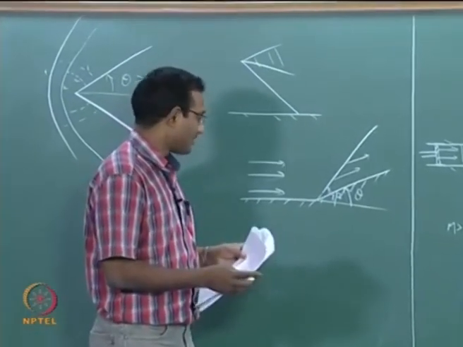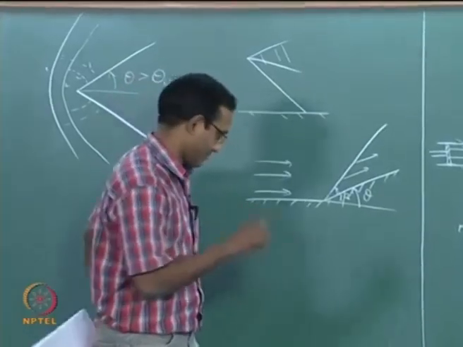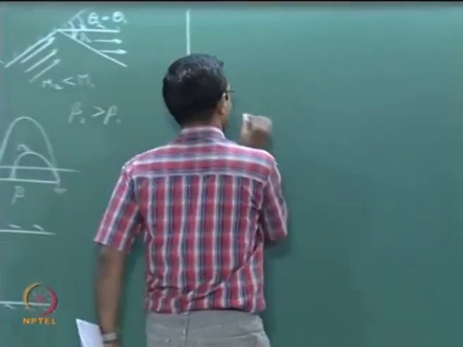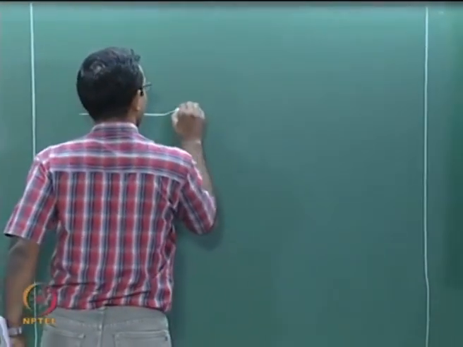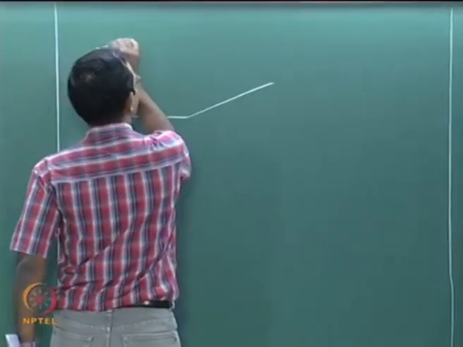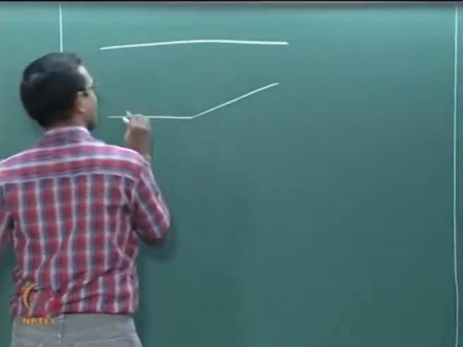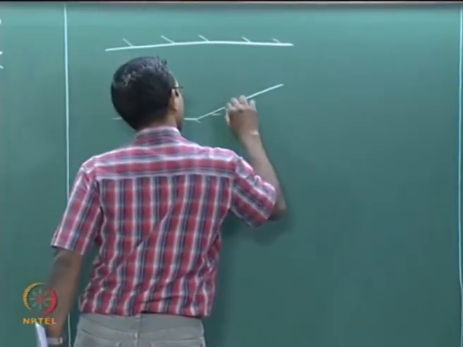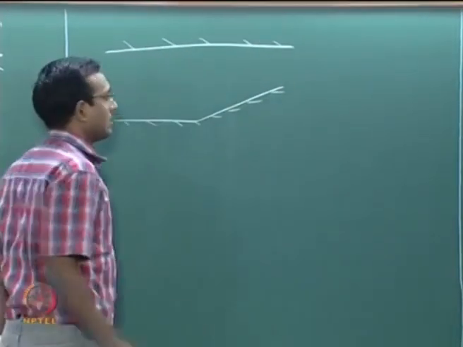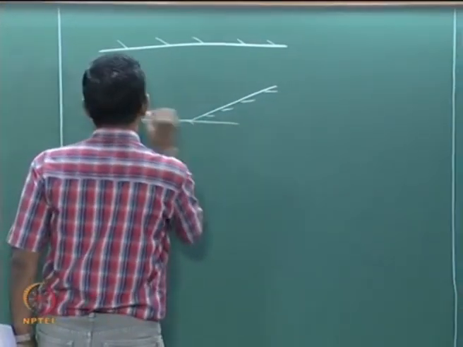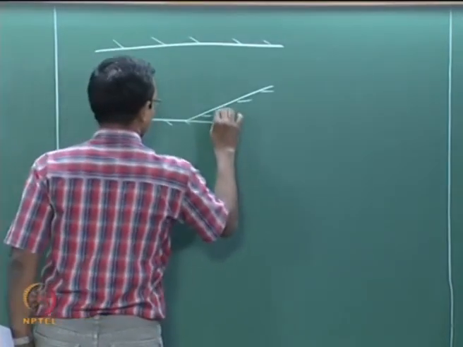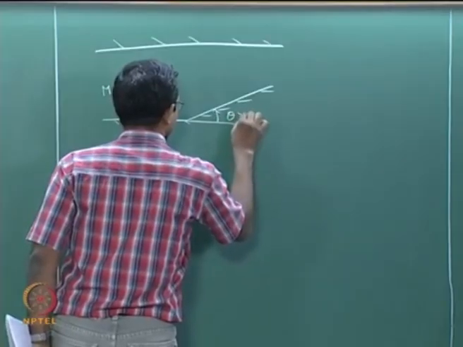Now we will consider a case where things go wrong. The next question will be, I go to this case, I have the same flow situation, but let us say my Mach number is different, and now it is such that this theta is greater than theta critical.